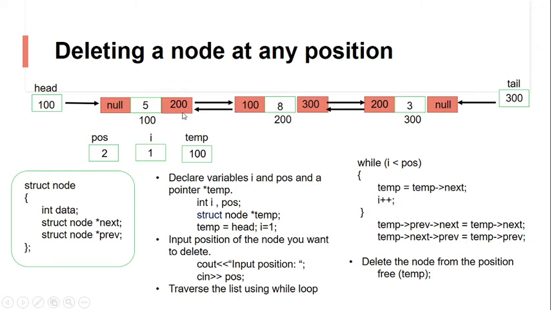This will go to 300, and this 200 will go to 100. So let's find out. First, 200, it moved to that particular position, so I'll be deleting this 200. As I said a while ago, this will be directly connected to this point.